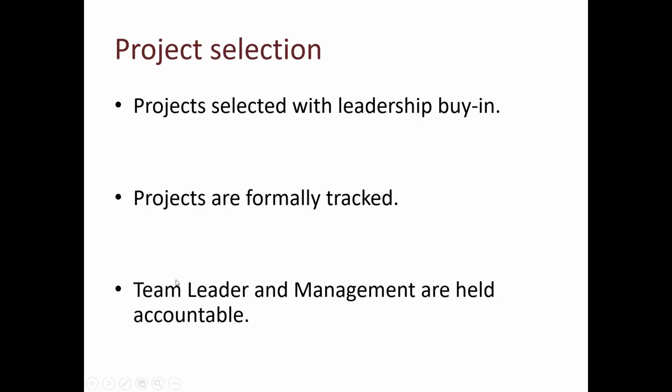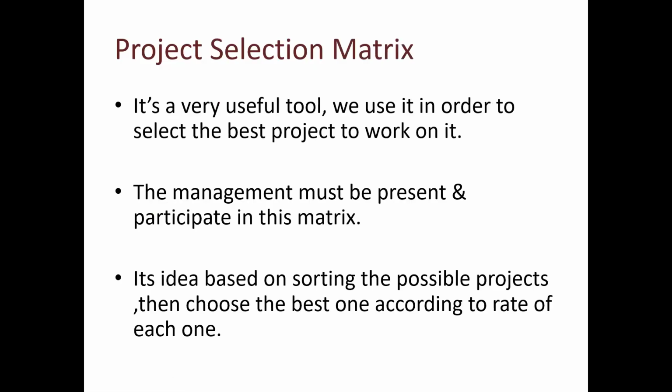So what do you mean by this tool? In terms of having more than one project and needing to prioritize or pick the best one, we use a tool called the project selection matrix, or sometimes the project prioritization matrix. Both are correct.